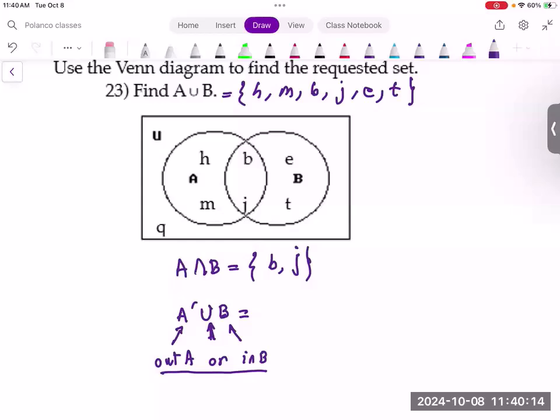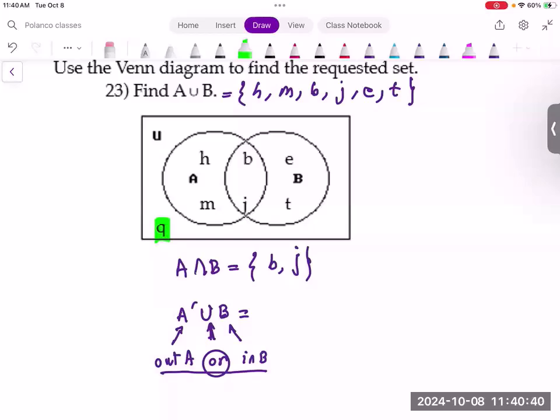So you can go to every element here, and every time you have an or, it means if one of the two statements is correct, you take it. It doesn't have to have both of them, right? If one of them is good, you take it. So let's start with the first element. Here, for Q, is it out of A?